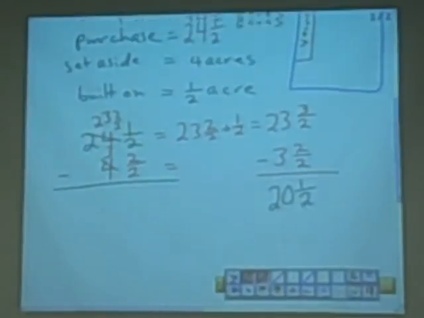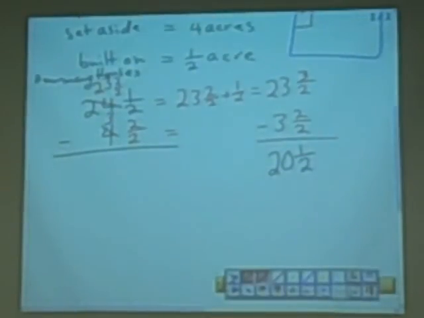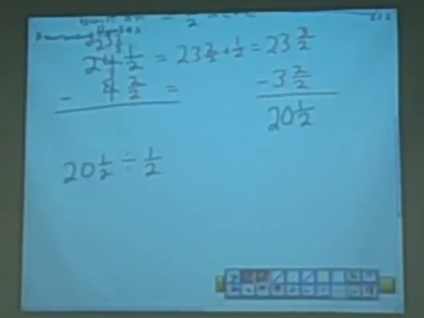Okay, so now we want to know how many houses will be built. We want to know how many houses. When you divide 1/2 into 20 and a half? Right. So we've got 20 and 1/2 divided by 1/2. But what do we have to do first? Right, convert our mixed fraction to an improper fraction, right?